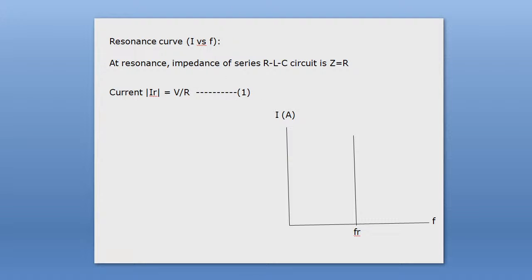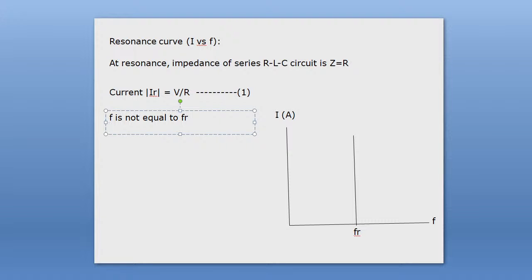If we consider other than the resonant frequency, suppose f is not equal to f_R, that means on either side of the resonant frequency, what will happen?